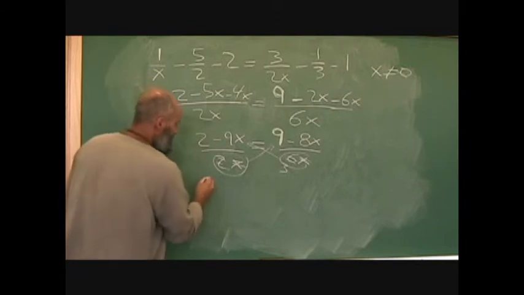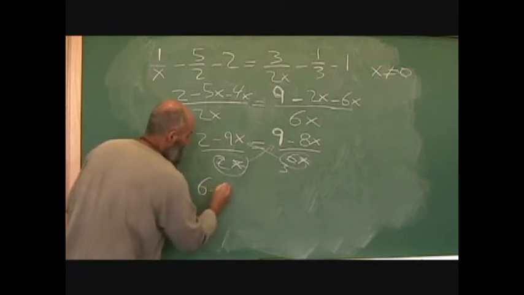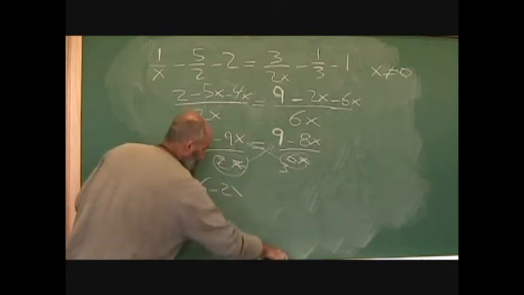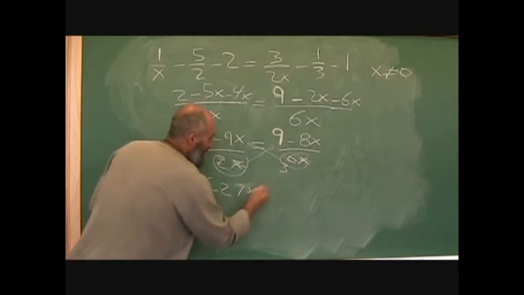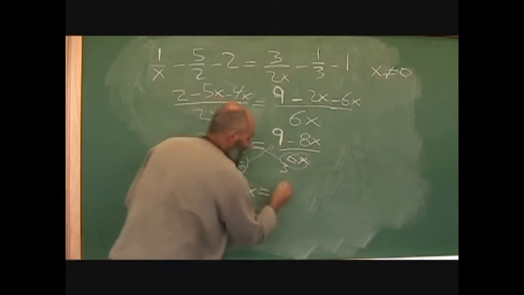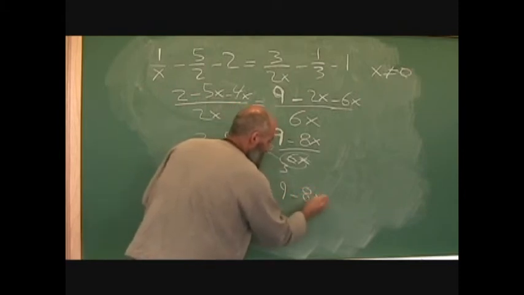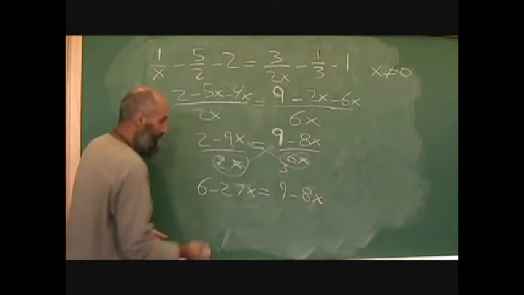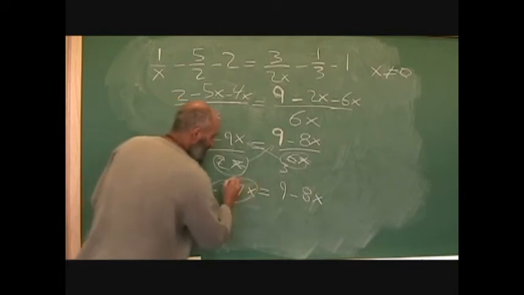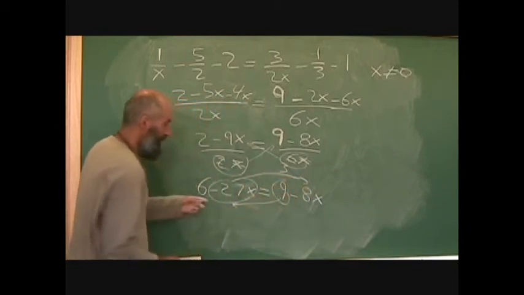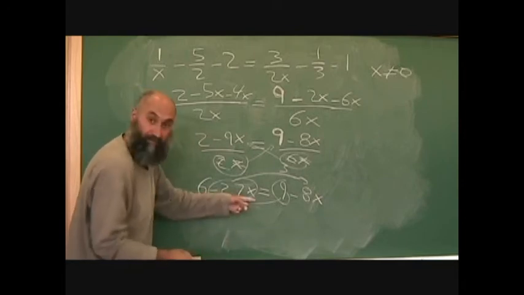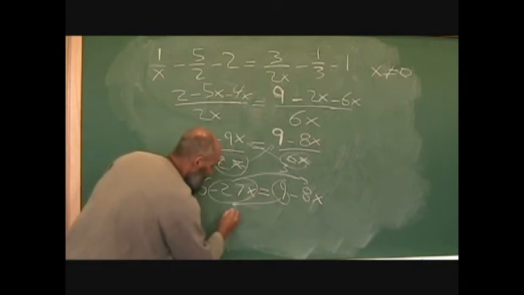So over here is 3, so it becomes 3 times 2 is 6 minus 27x is equal to, it's just 9 minus 8x. So you bring your terms over, so this guy comes over, becomes plus 27x, that guy goes over, it becomes minus 9, right? So 6 minus 9 is going to be negative 3.